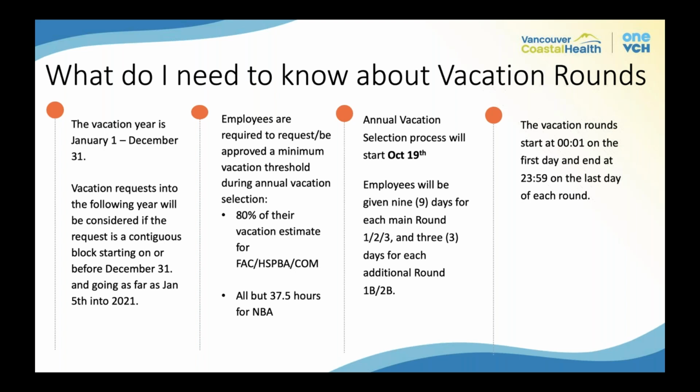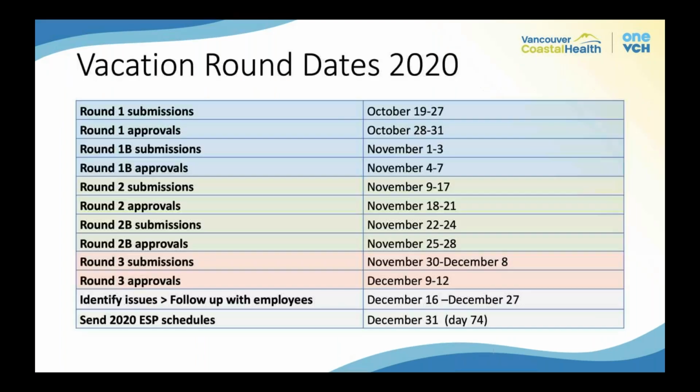The goal is to have everybody at the end of round 1B to have at least one vacation request approved, and of course as well 2B to have another vacation request approved. The vacation rounds start at 1 minute after midnight on the first day and end at 1 minute before midnight on the last day of each round.